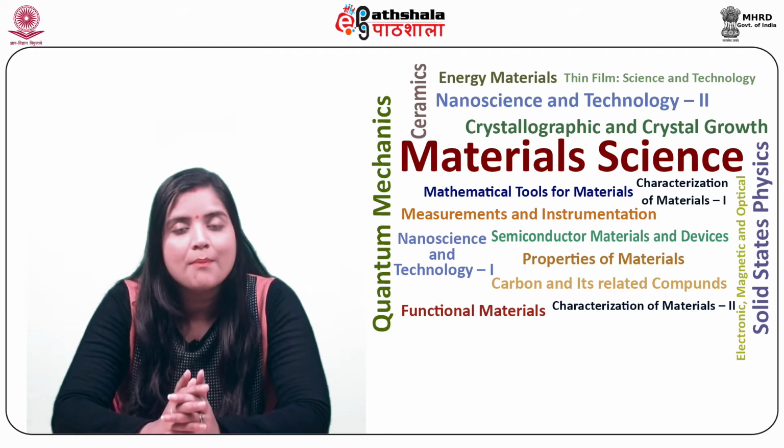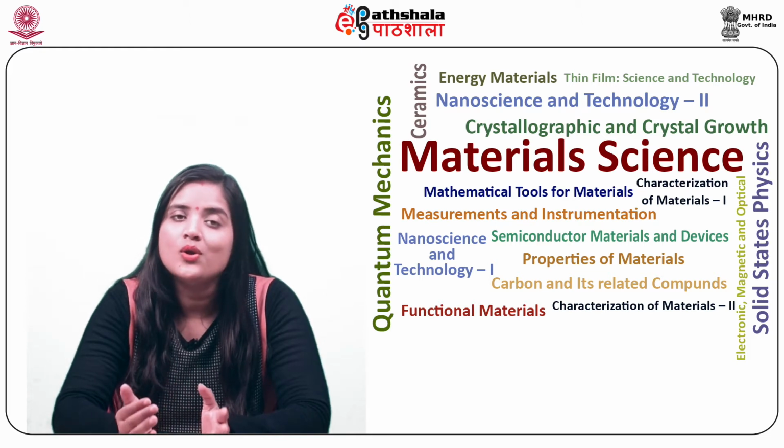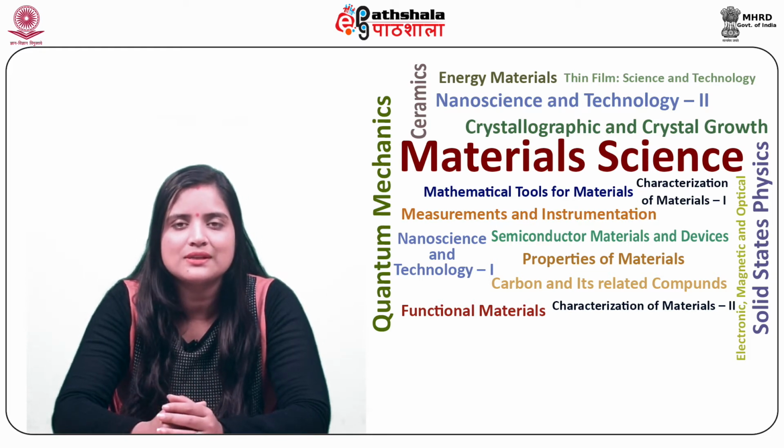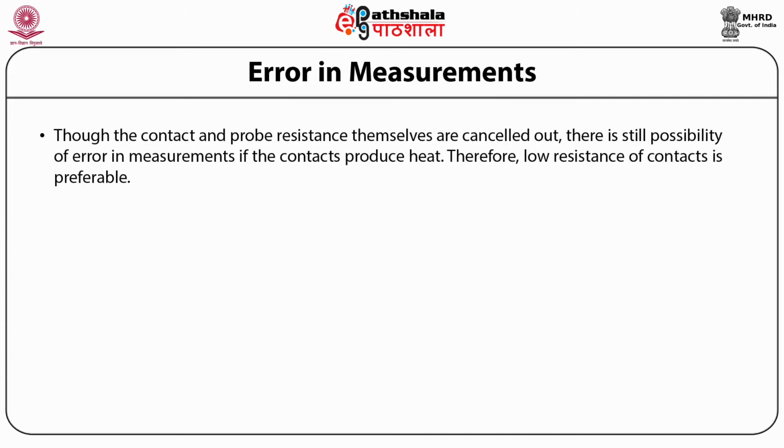Thus, it is a precise technique for low resistance measurements. Though the contact and probe resistance themselves are cancelled out, there is still possibility of error in measurements if the contacts produce heat. Therefore, low resistance of contacts is preferable.